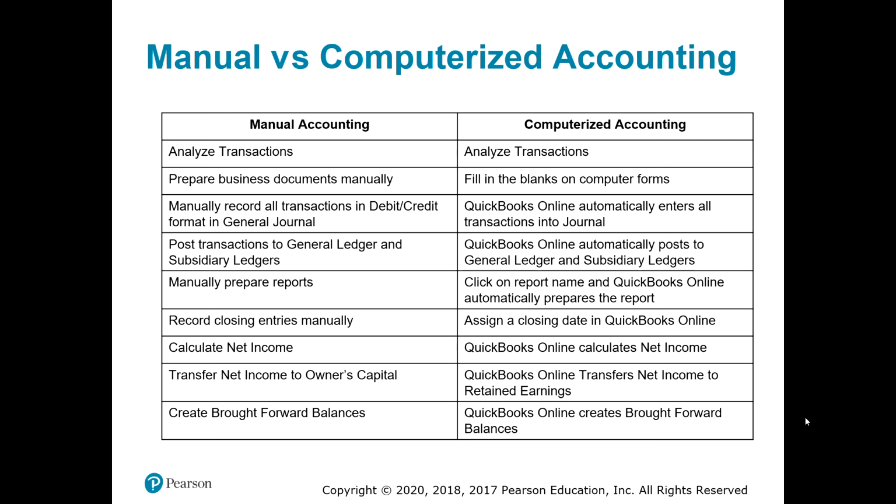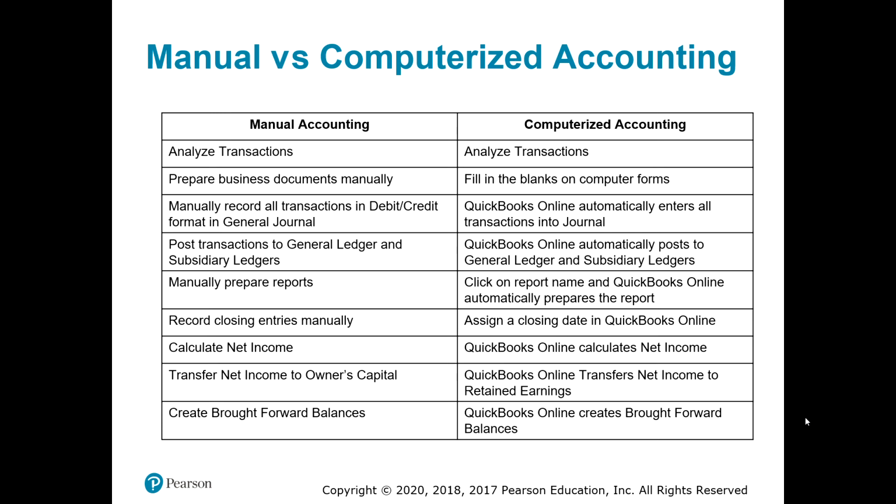We love that. It helps us a lot when all we have to do is fill in a bit of information and the program completes the form, where we don't have to prepare it all manually. Under manual accounting, we would have to record all transactions in debit or credit format in a general journal.